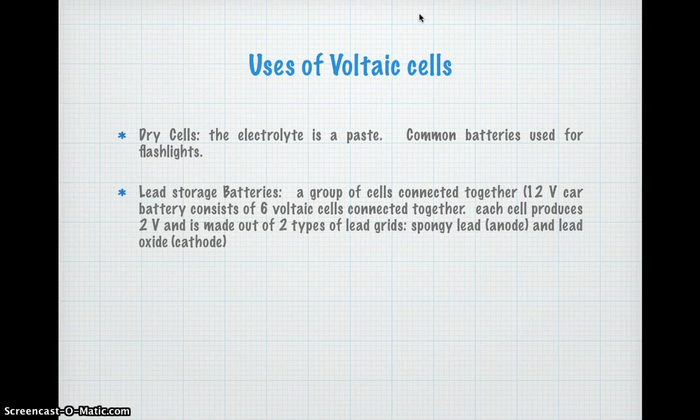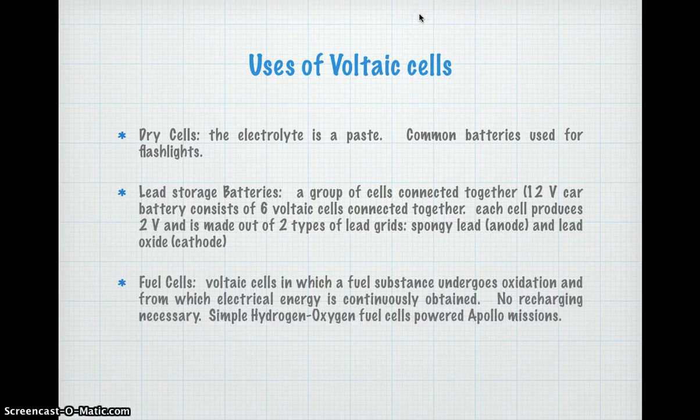One side is spongy lead, and that is the anode side, so that's the negatives. And then we have lead oxide, which is the cathode side, and that is the positives. When you take a look in your text, you'll see the inside of a 12-volt battery, these two groups of cells, and you'll see how 6 are connected.